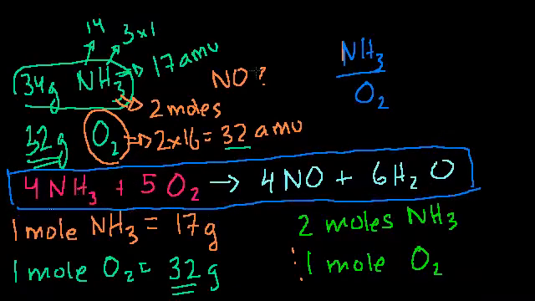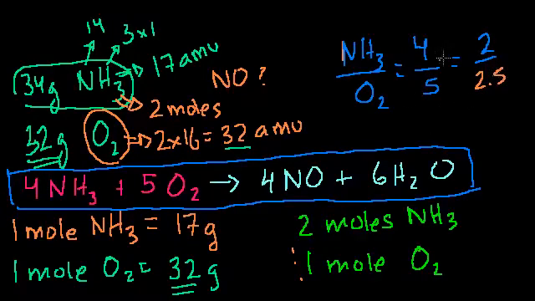The ratio in this reaction is 4 to 5, right? So if I'm given 2 moles of ammonia, how many moles of oxygen do I need? I need 2.5 moles of oxygen, right?